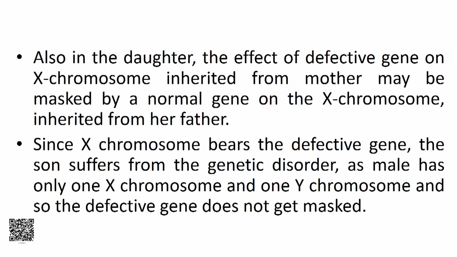Since the X chromosome bears the defective gene, the son suffers from the genetic disorder, as a male has only one X chromosome and one Y chromosome, and so the defective gene does not get masked. So thalassemia is an autosomal genetic disorder, while hemophilia and color blindness are sex chromosomal or X chromosomal disorders. You will now appreciate why marriages between close relatives, termed consanguineous marriages, are discouraged.